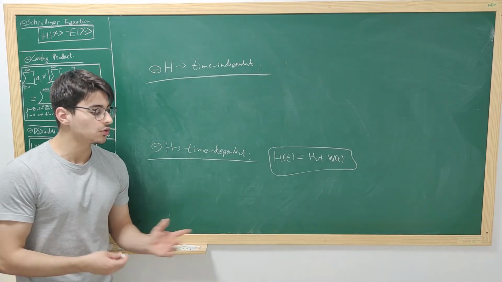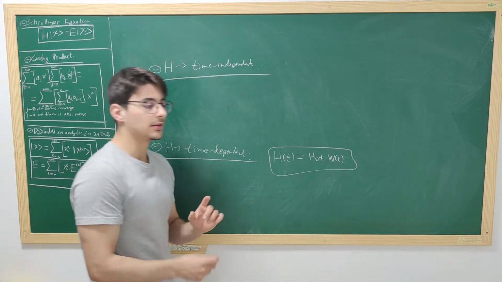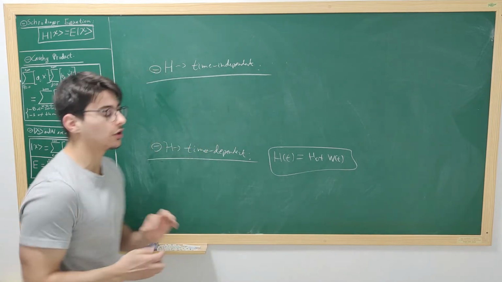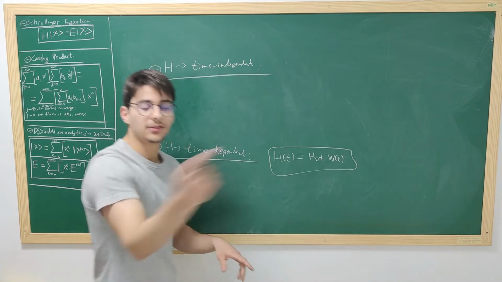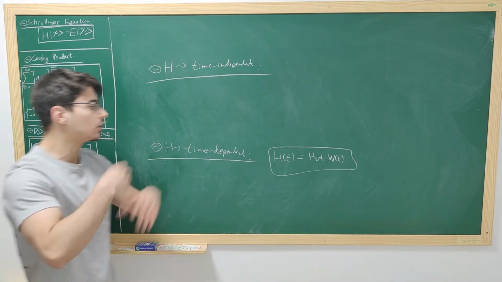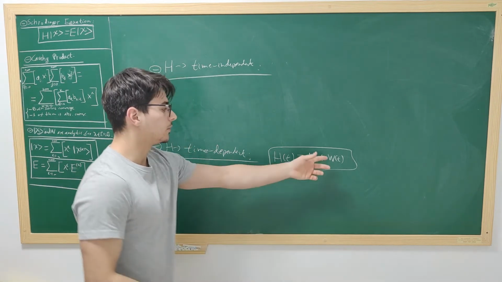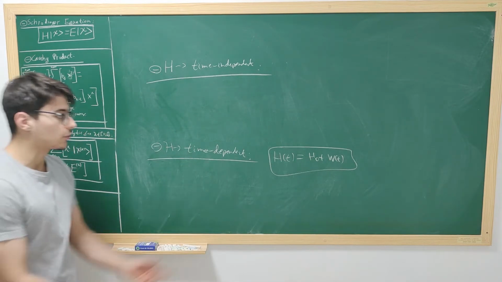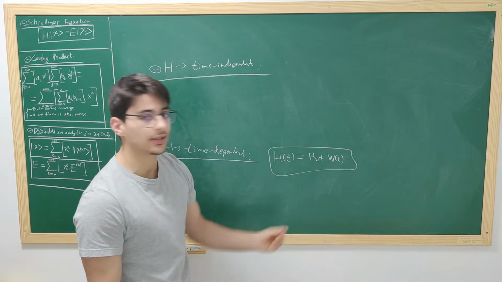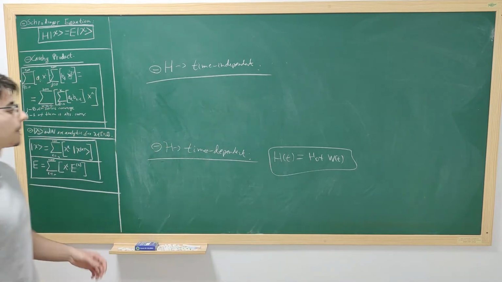This would be analogous to applying a magnetic field that depends on time. For example, we turn it on at some time, and then we turn it off, or we vary it with some frequency. We just have that this W depends on time. Of course, as always, it is relatively small compared to H0.